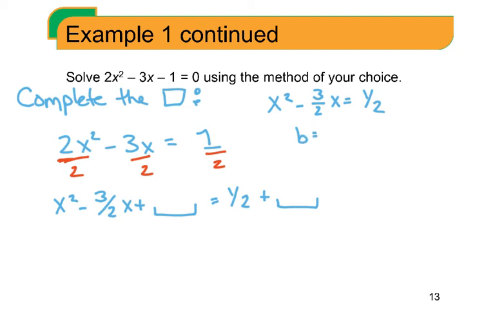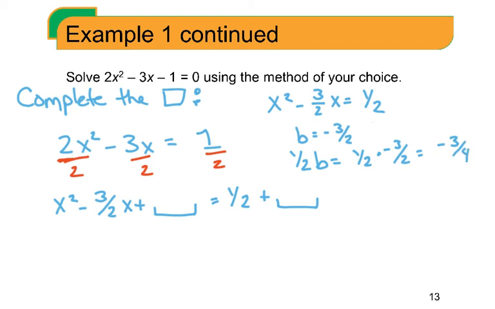B is now negative 3 halves. 1 half times B would be 1 half times negative 3 halves, which is negative 3 fourths.